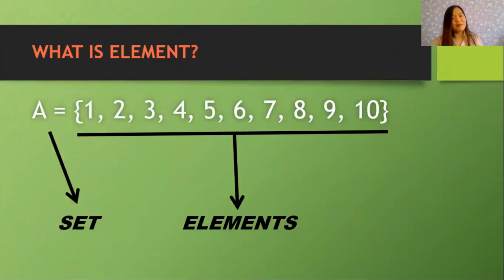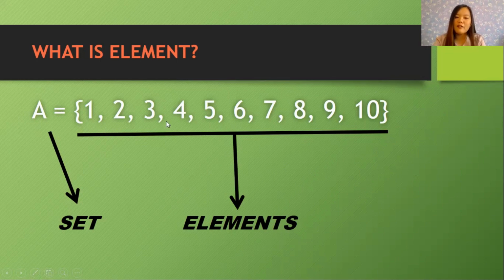What is an element nga ba? Okay, so let's have this one. For example, we have here set A. Set A is the set of counting numbers from 1 to 10. So, if we are going to list the set of counting numbers from 1 to 10, we have 1, 2, 3, 4, 5, 6, 7, 8, 9, and 10. So, set A, the capital letter A, is called the set.